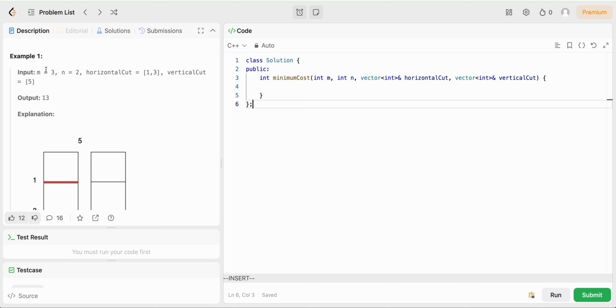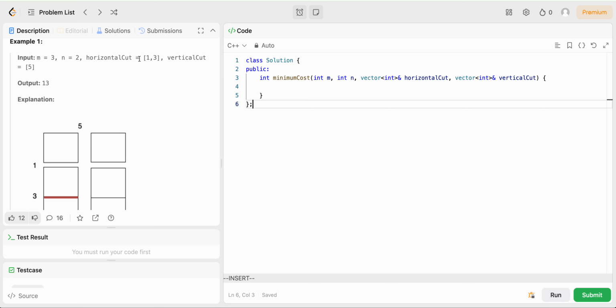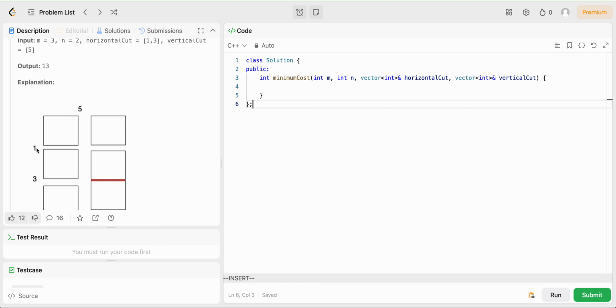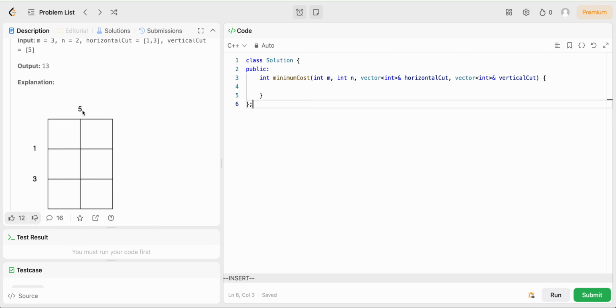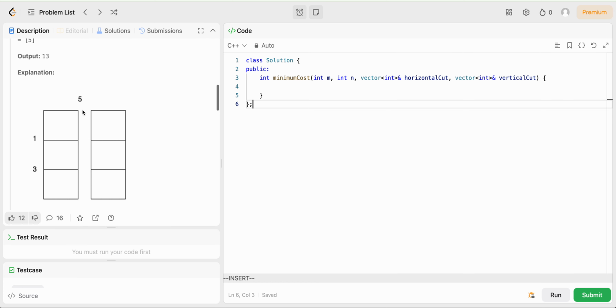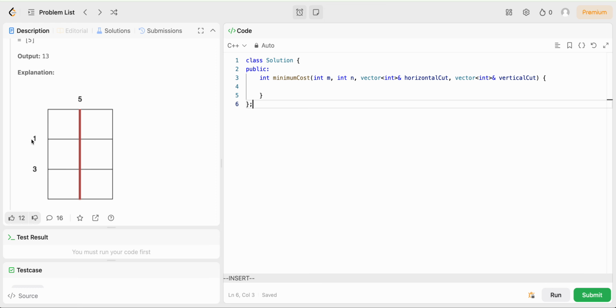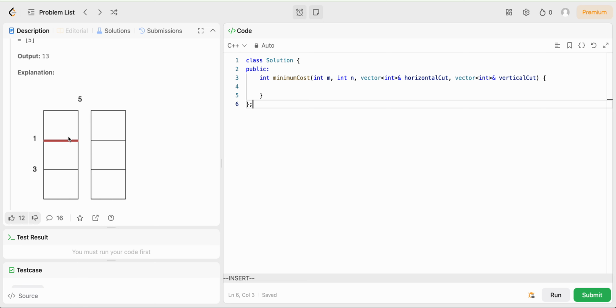So here's an example. Suppose m is 3 and n equals 2, and the horizontal cut costs are 1 and 3. The vertical cut is 5. The best way to cut this is first we do a vertical cut, then we do the horizontal cut for each row twice.